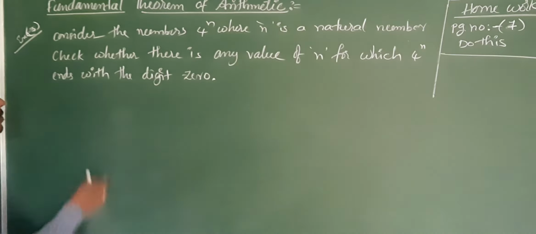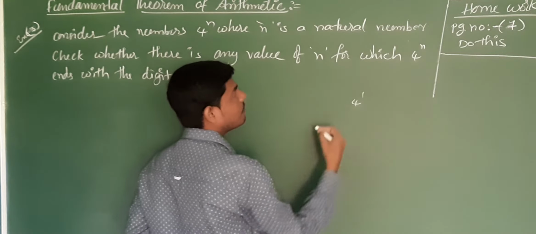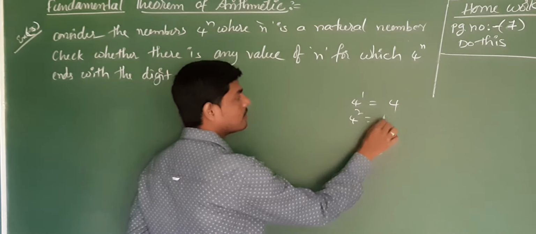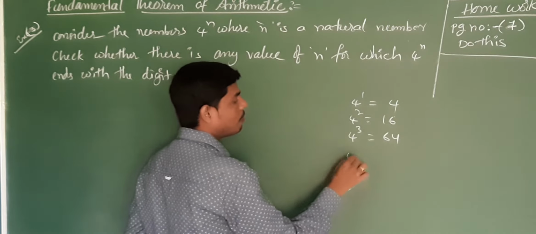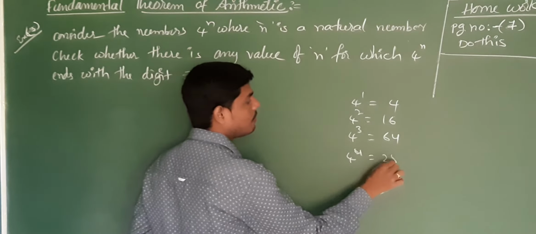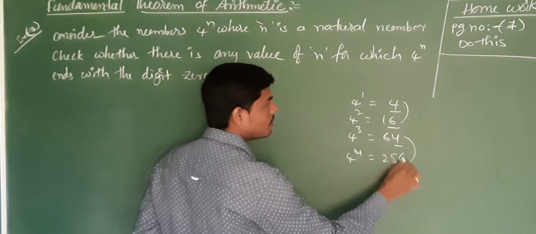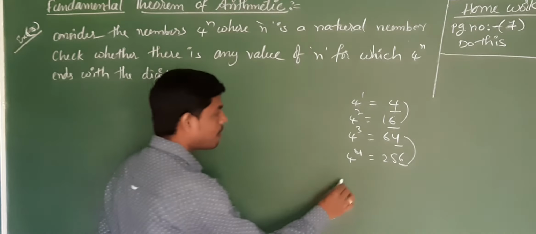Let's check. 4 power 1 is 4. 4 squared is 16. 4 cubed is 64. 4 power 4 is 256. Check the ones place: 4, 6, 4, 6. It's repeating like that only.